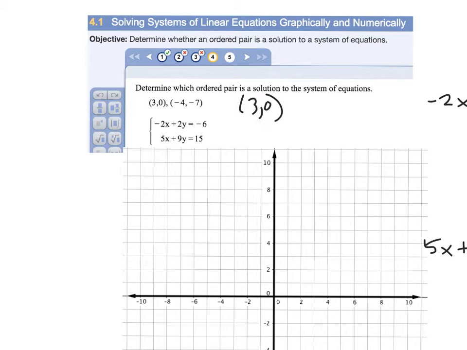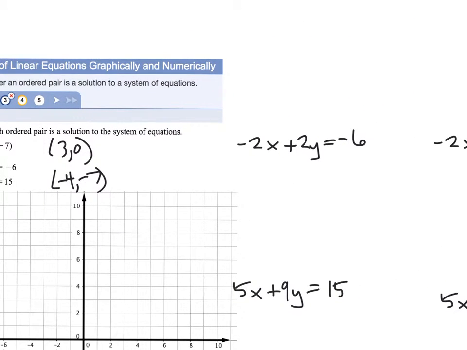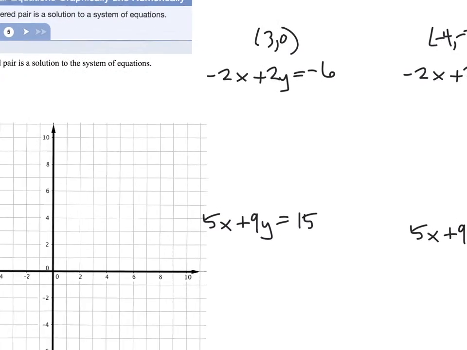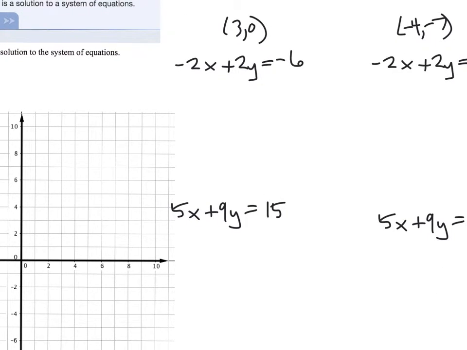And then we want to see if negative 4, negative 7 works. So let's start by moving over that 3, 0, and then we're also going to move over that negative 4, negative 7. But let's start with the 3, 0.